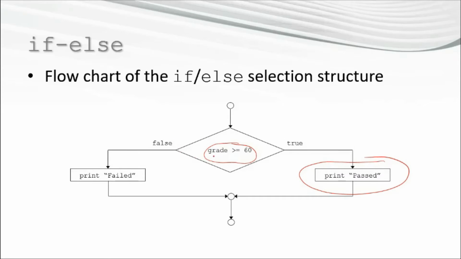If the grade is not greater than or equal to 60, that is, if grade is less than 60, we display failed. We are checking the condition grade greater than or equal to 60. If it is true, passed is printed, and if it is false, failed is printed.